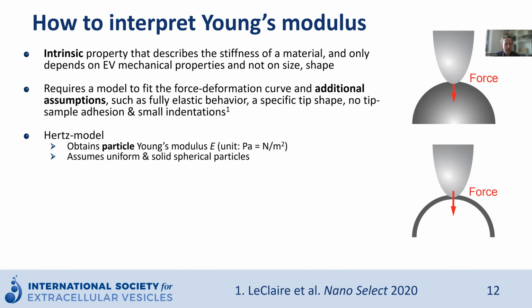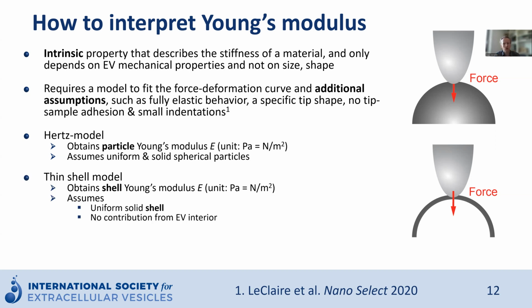A related model is the thin shell model. This also obtains a Young's modulus and also assumes a solid, uniform, and isotropic material, but now it assumes that there's just a thin hollow shell, as shown on the bottom right. So this model is likely to find a much higher Young's modulus than the Hertz model, because this reports a Young's modulus for a thin membrane instead of for a solid sphere.